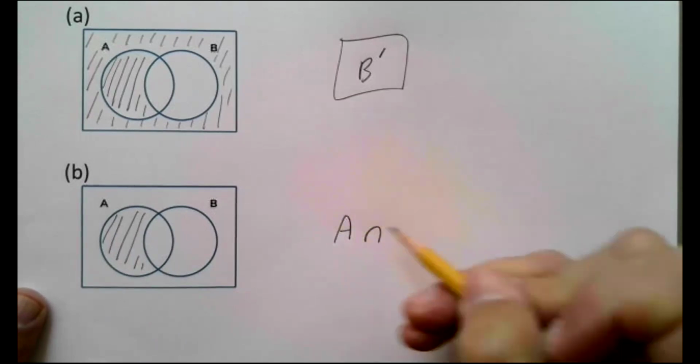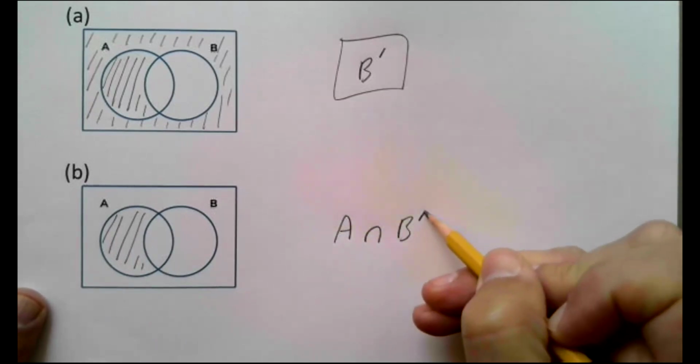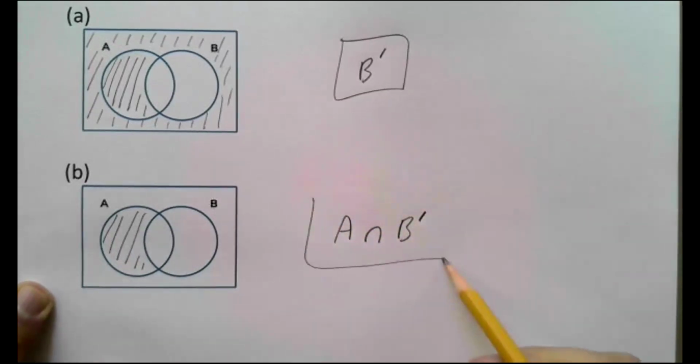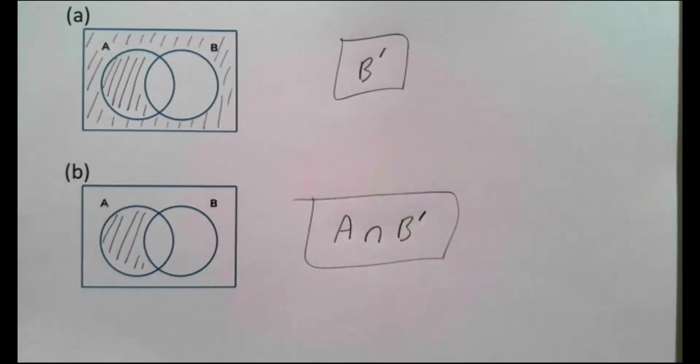I shaded everything that is in the A circle, but at the same time, not in the B circle. I know that's weird and that's tough. This type of problem is tough. That's what I see shaded there. Everything that is in the A circle, but not the part that's in the B circle. So both of these are satisfied in this shading here.